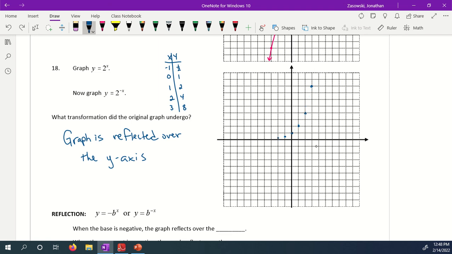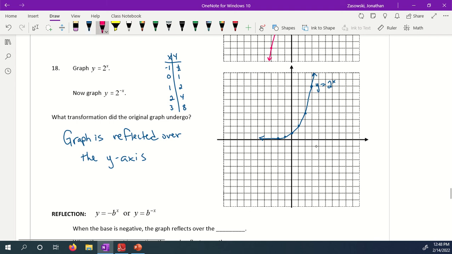Oh, we can do better than this. All right. So this is y equals 2 to the x.